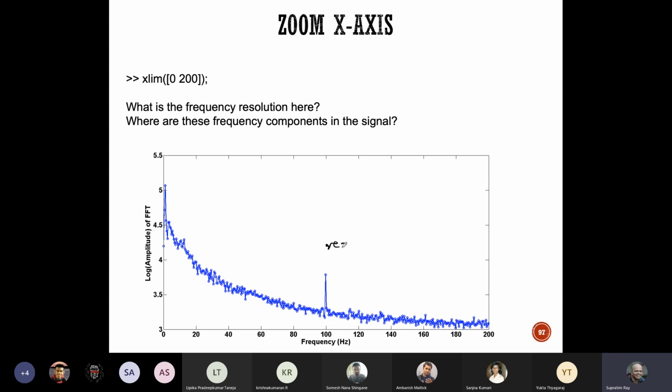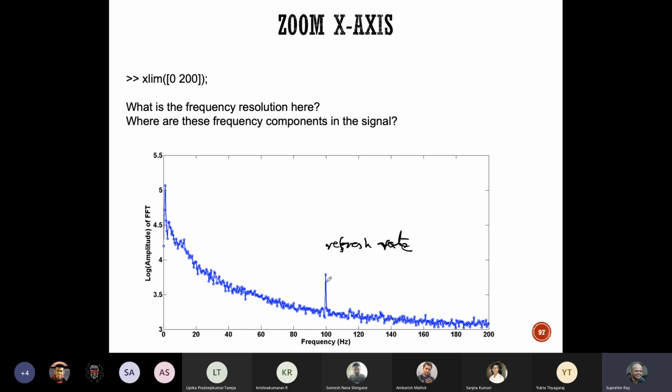That happens to be the refresh rate of the monitor. Typically, you would see bumps at 50 and 150 as well, which would be line noise. If you are in the US, it will be at 60 and 120.